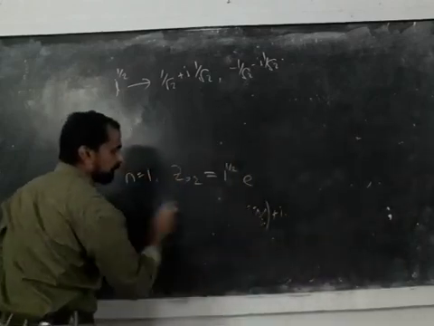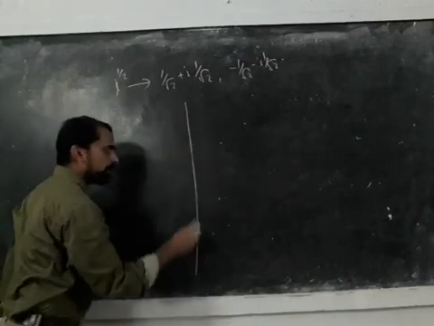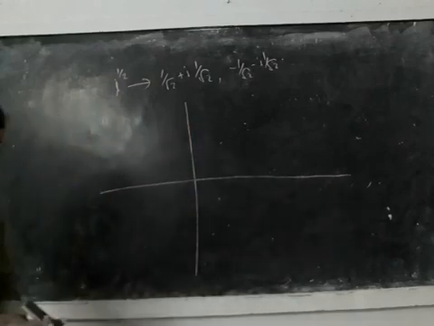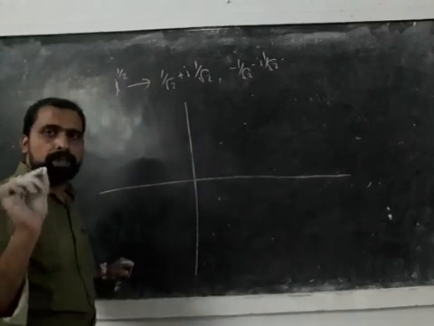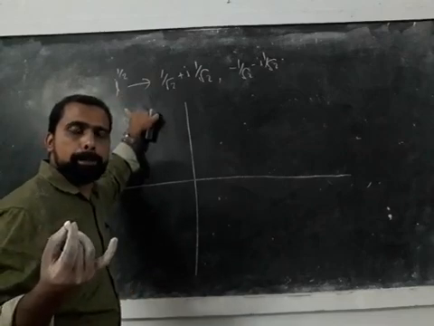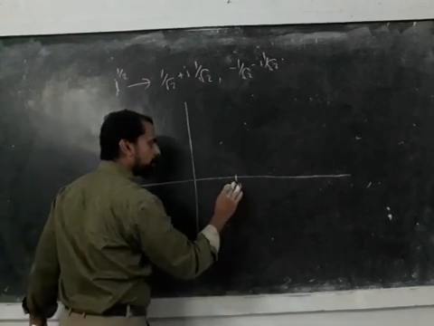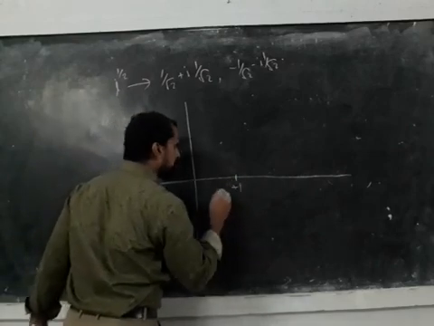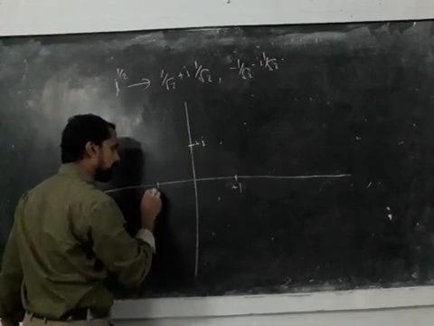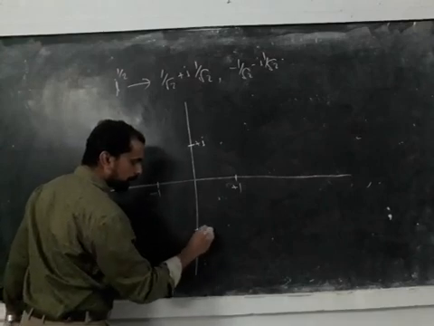So we will go to our complex plane. On the complex plane you have the imaginary axis and the real axis. One thing is sure: because this is i, the magnitude is 1. So we will mark plus 1, plus i, minus 1 and minus i.